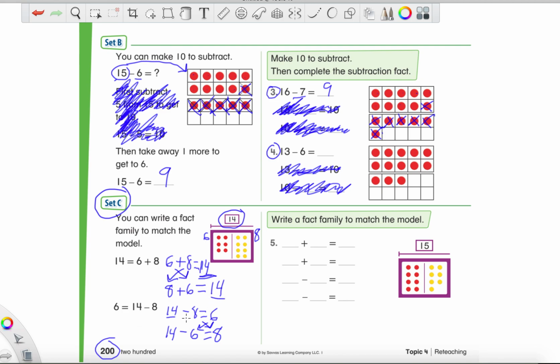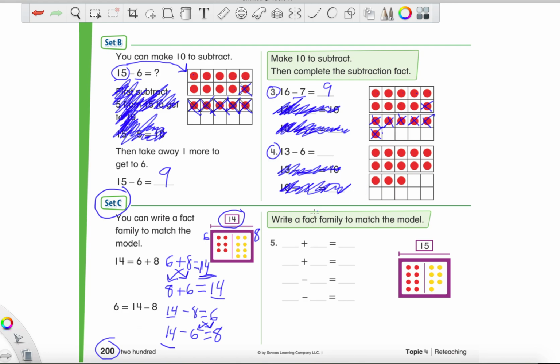And then similar with subtraction, the big number must go first. I feel like a broken record, but we can't change that. The big number has to stay first. See, when we wrote both of them, that 14 did not change spots. Only the little parts did.